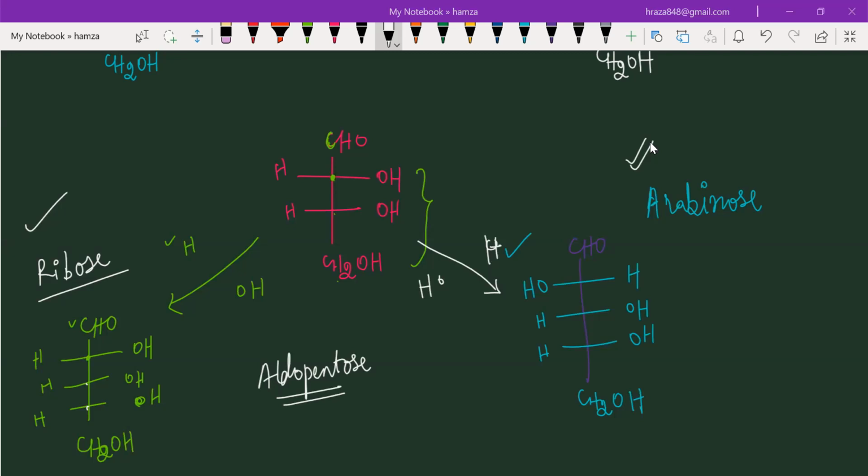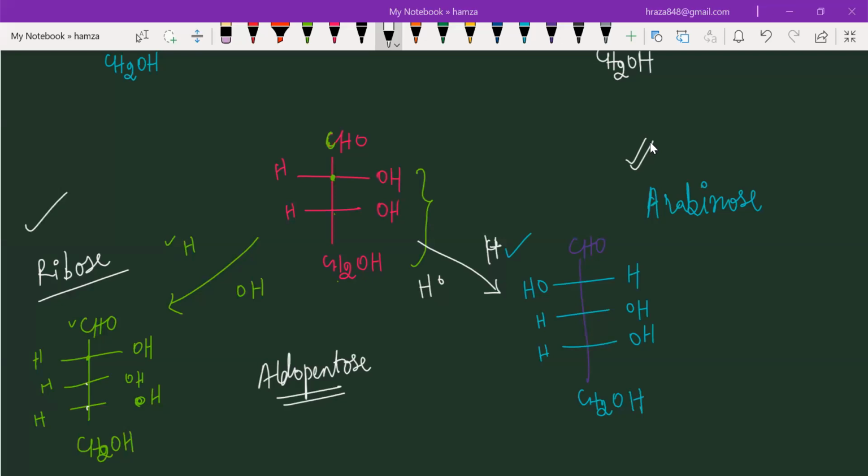Please write it. We just derived it from glyceraldehyde. There will be 2 arrows on the left hand side, in which H will be on the left hand side, OH will be on the right hand side. Whatever the monosaccharide is, we have to introduce one carbon between this CHO and whatever is there, and then add H and OH accordingly, left and right.